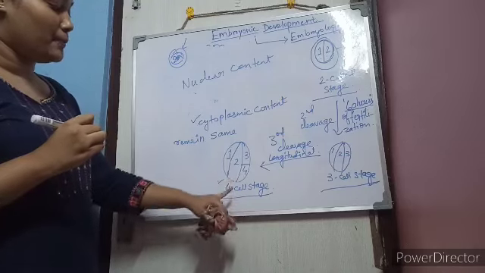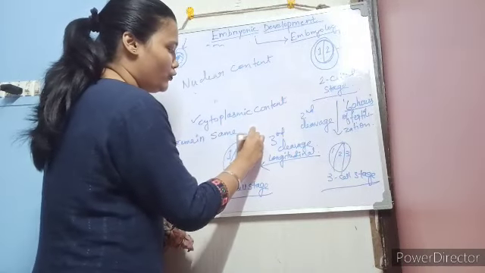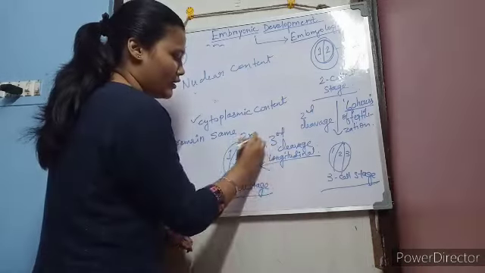But now it has become 4 cells, so 2 into 4, it becomes 8n.